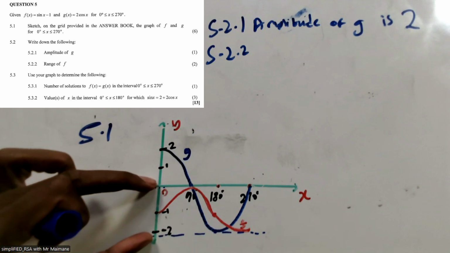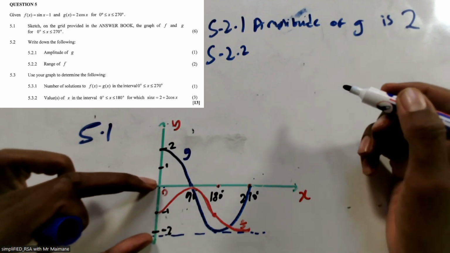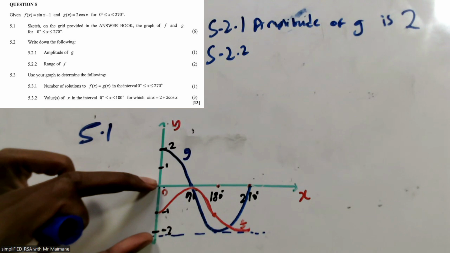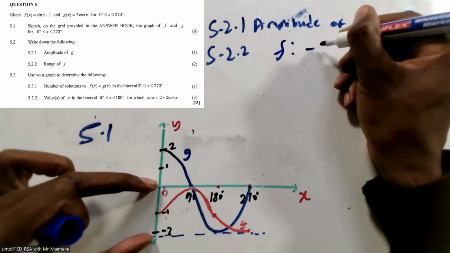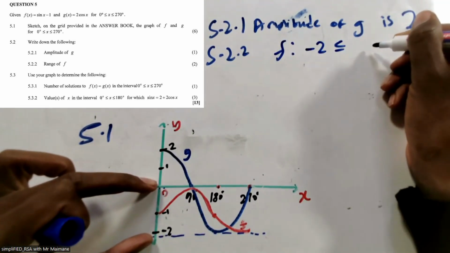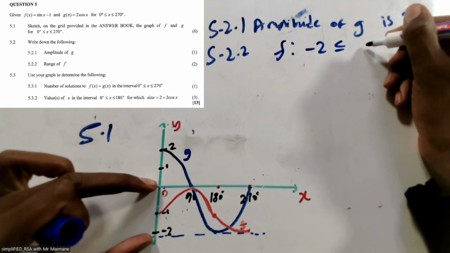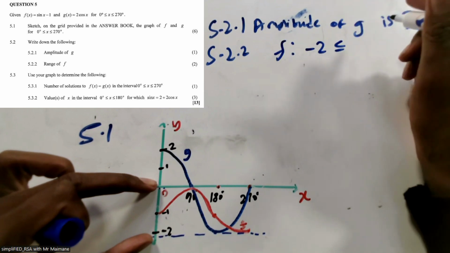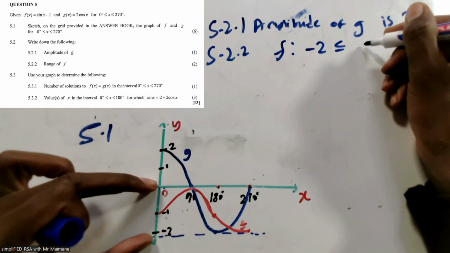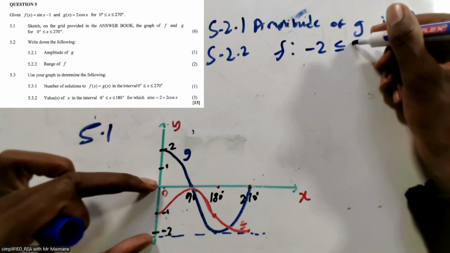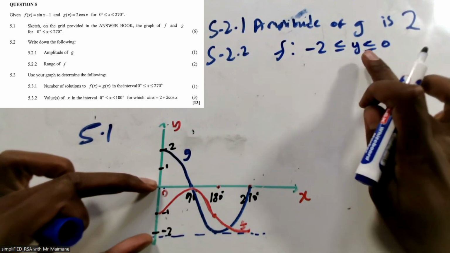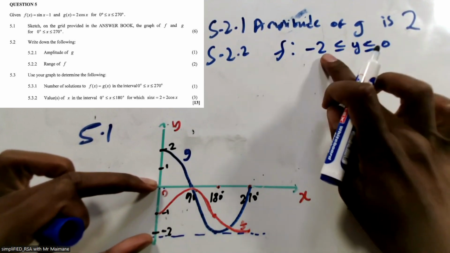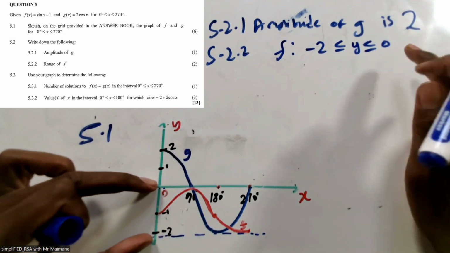So the way we represent it when we write the range, we're going to say the range of f is, y is greater than or equal to -2 but less than or equal to 0.